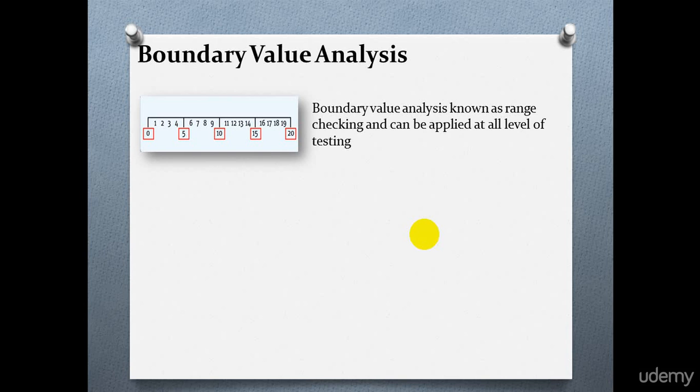Boundary value analysis is very important for any application whose values are divided into partitions, because an application function is most likely to change when these boundary values are hit.